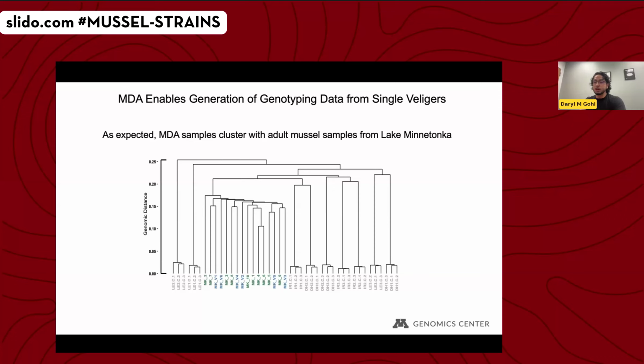And we observed clustering between the Minnetonka adults and the veligers from the same location, and these clusters had lower internal genetic distance. Also, these samples were separated from Duluth, Illinois River, and Lake Erie. So far, we were able to generate genotyping data comparable to the adult reference population, and this is quite good.